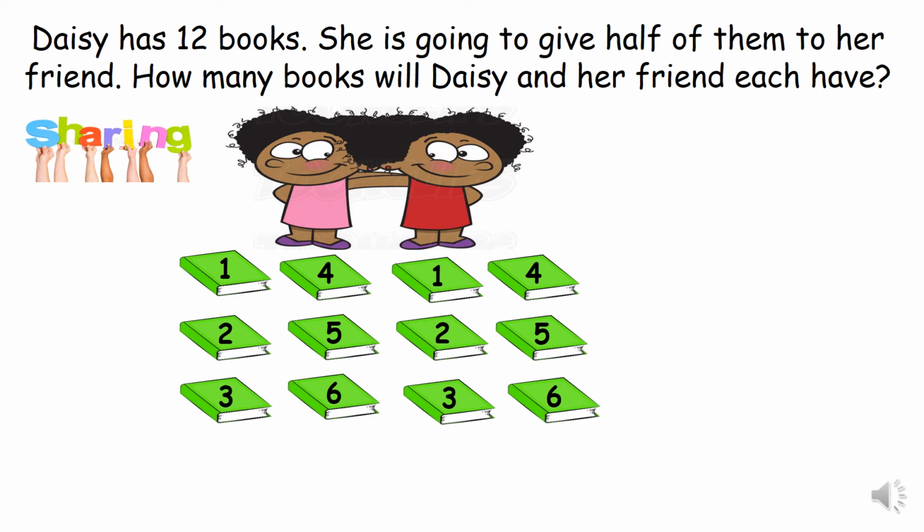Right, we've shared them all out now. So how many books does each person have? Good, they have 6. Each person has 6 books. That means they have an equal amount.